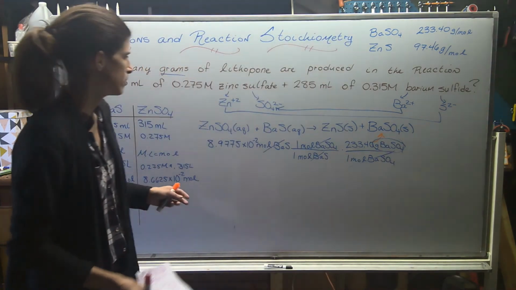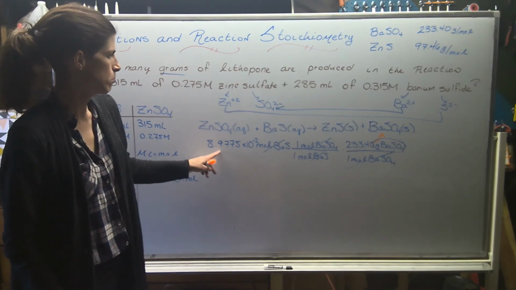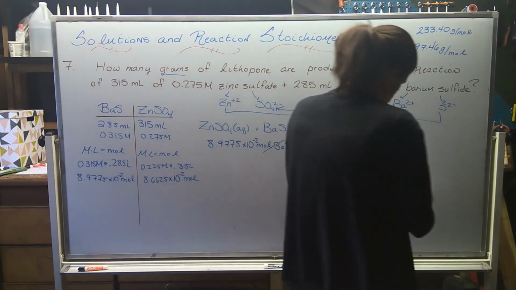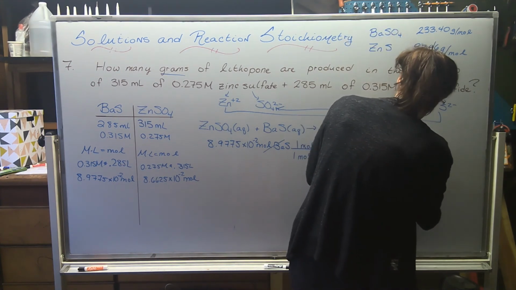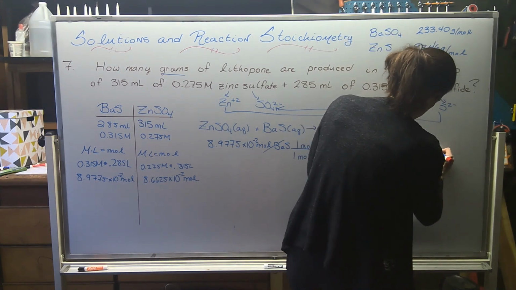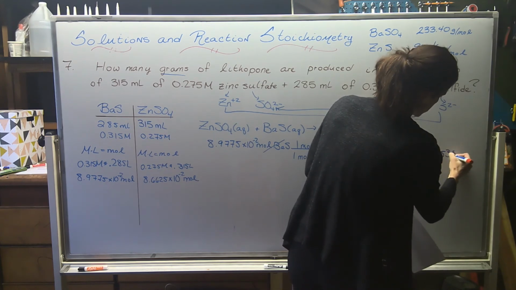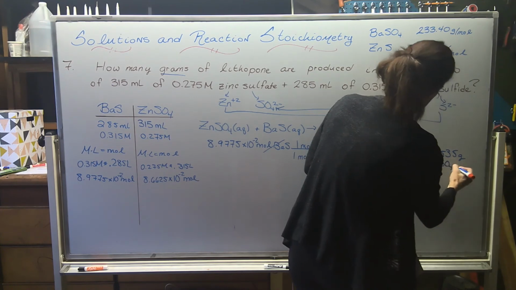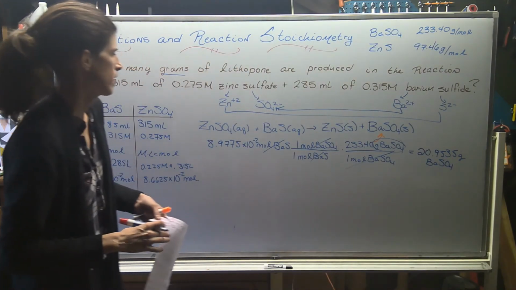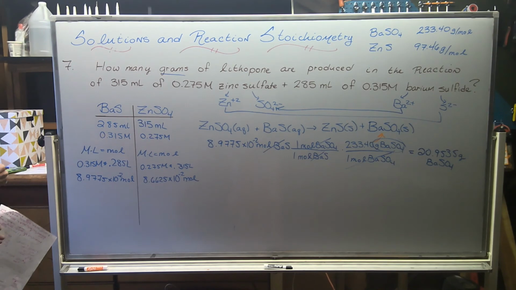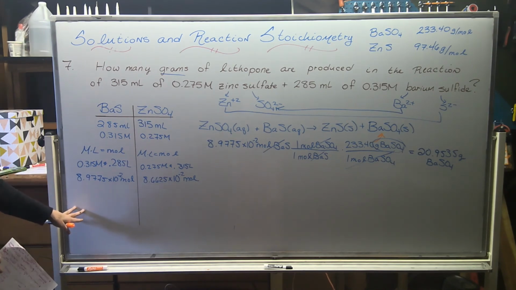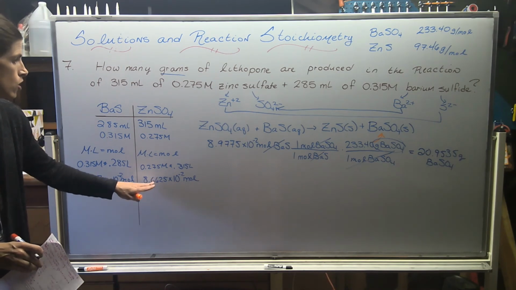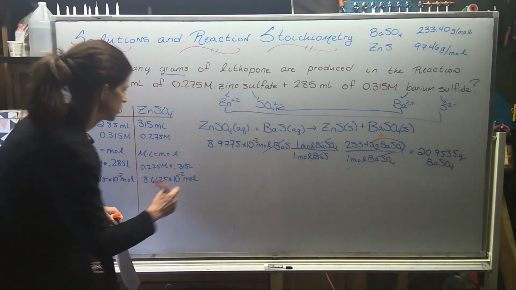So from this top line, I multiplied the moles times the molar mass, and I got 9535 grams of barium sulfate. Now, just like the limiting excess reactant problems, I need to redo that using the information about my other reactants. So I'm going to analyze zinc sulfate next.